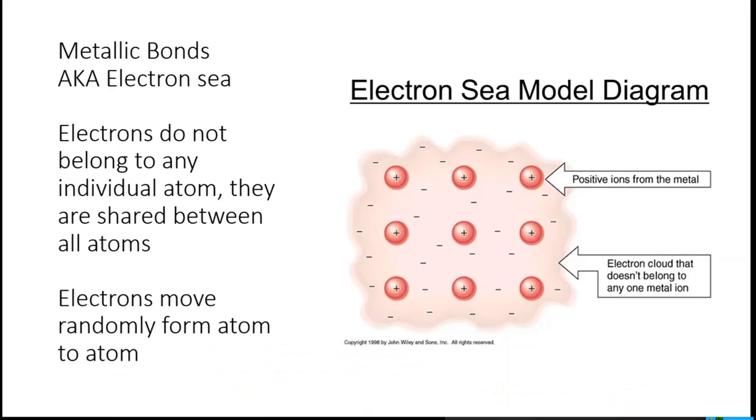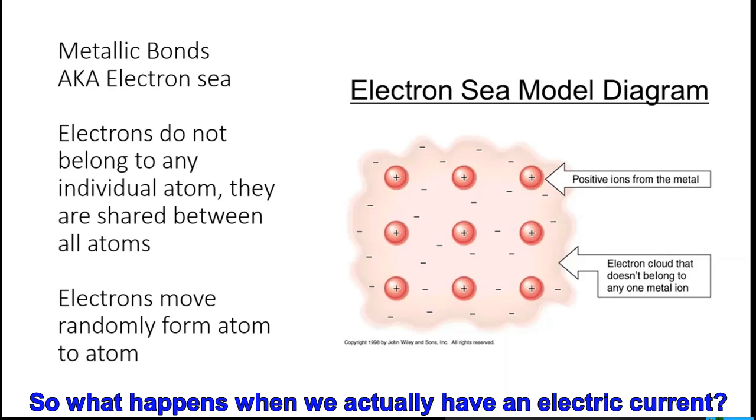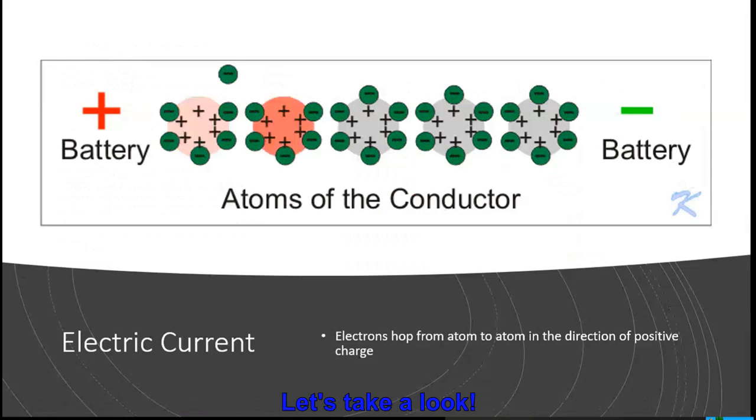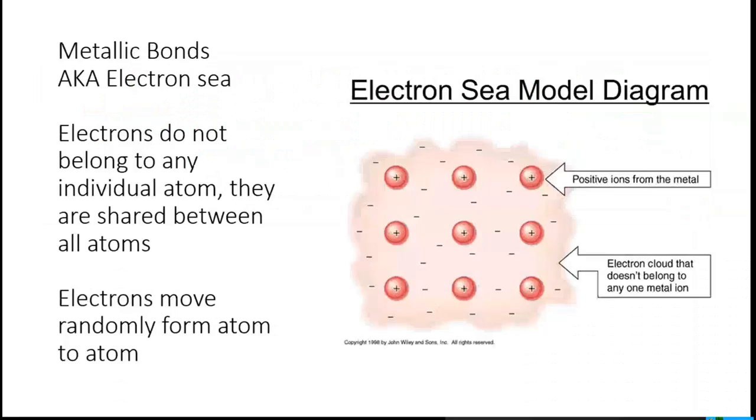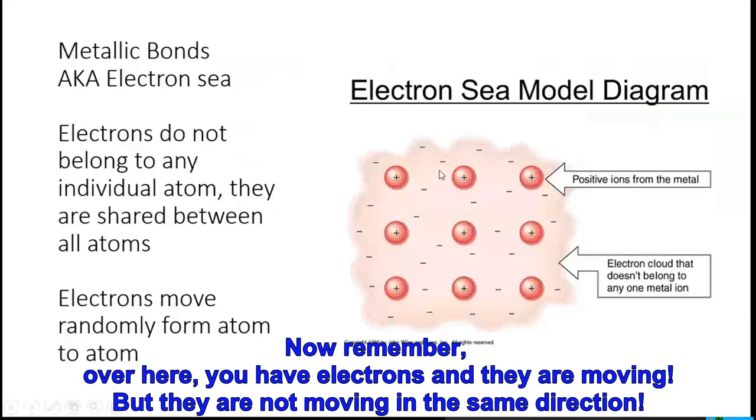So what happens when we actually have an electric current? Well, let's take a look. To get an electric current, you need to get all of those electrons to move in the same direction. Now remember, over here you have electrons and they're all moving, but they're not moving in the same direction.